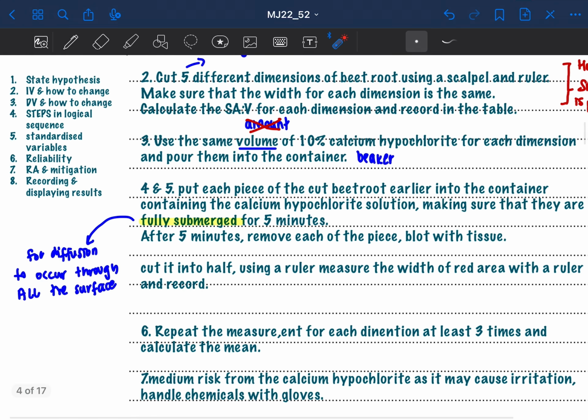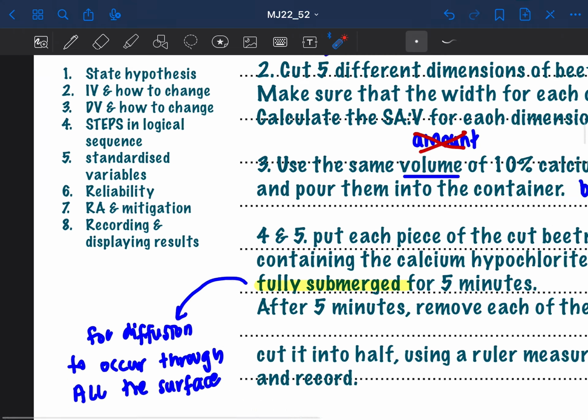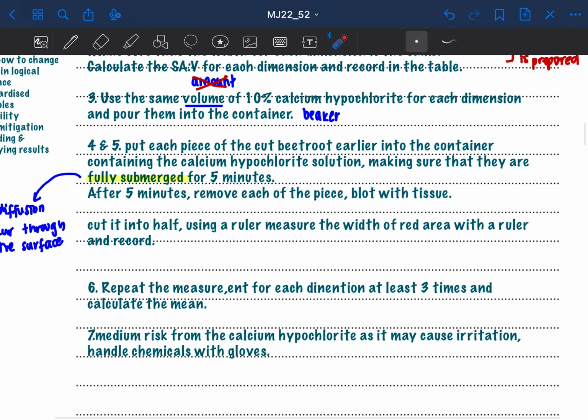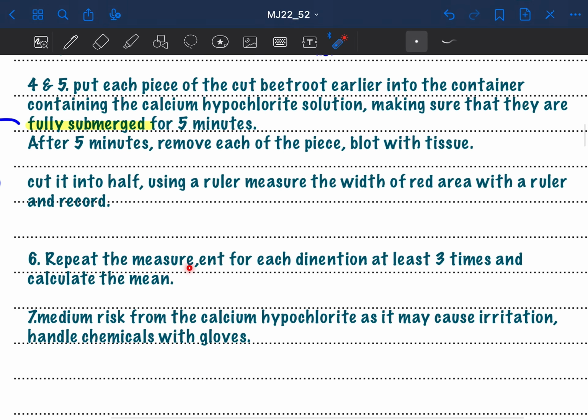And then 6, there is always going to be a point for reliability. Whenever there's the word reliability, it's always like a mark scheme, control C, control V answer, cut and paste. The description is always going to be the same. You repeat the measurement for each dimension at least 3 times, and you calculate the mean. I apologize for the spelling error there.